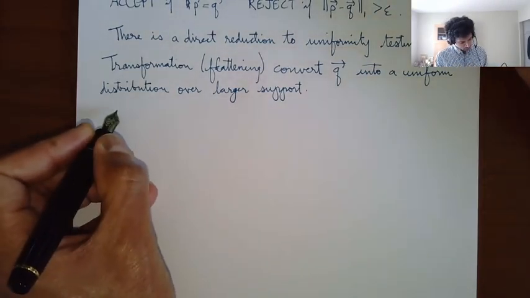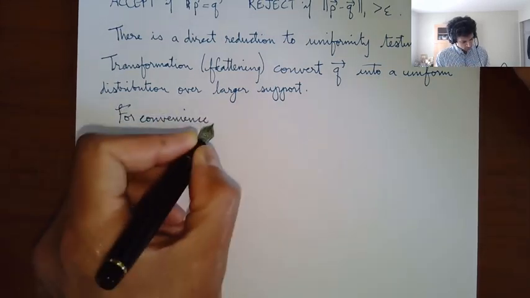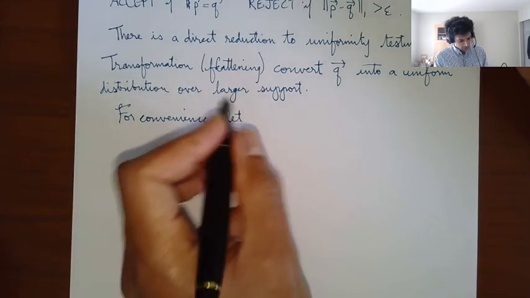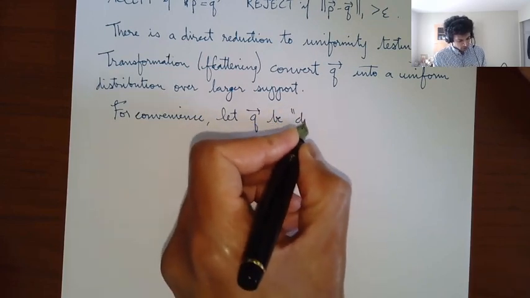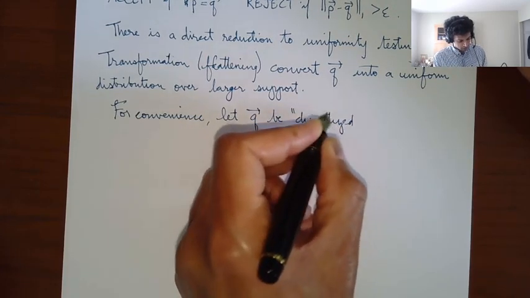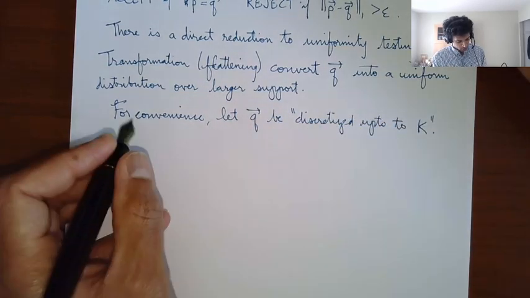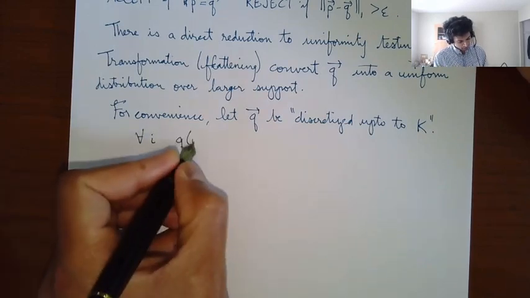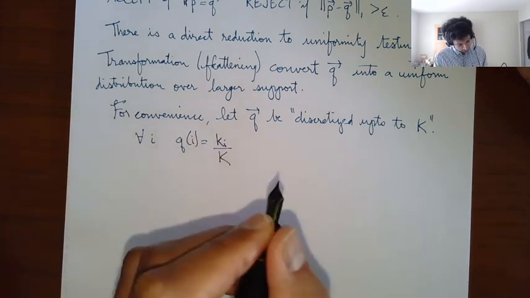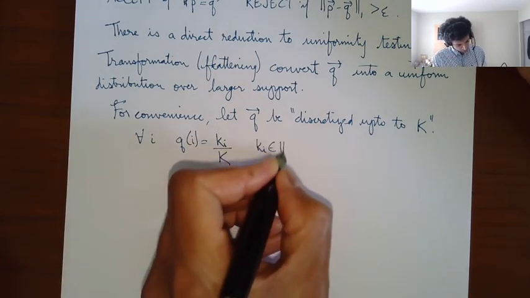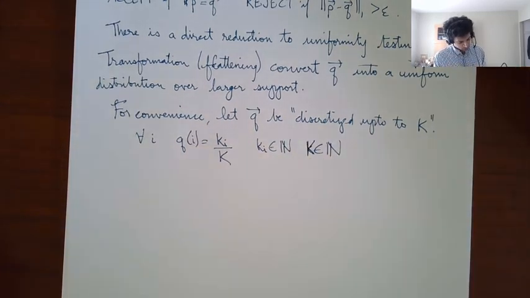So for convenience, let Q be discretized up to capital K. What I mean by that is that for all i, the probability can be represented as some little ki divided by K, where ki is a natural number, and of course capital K is also some natural number.